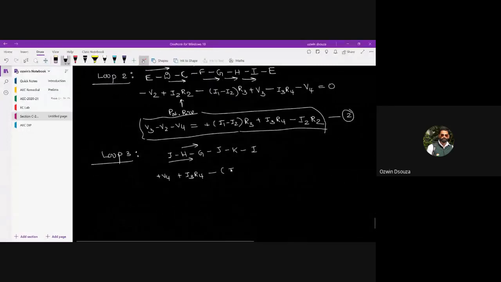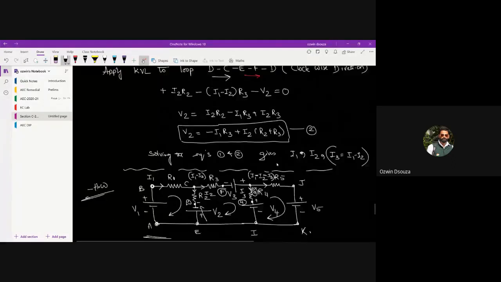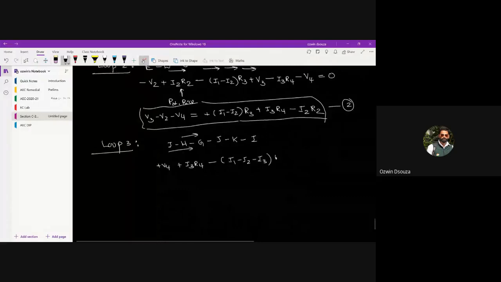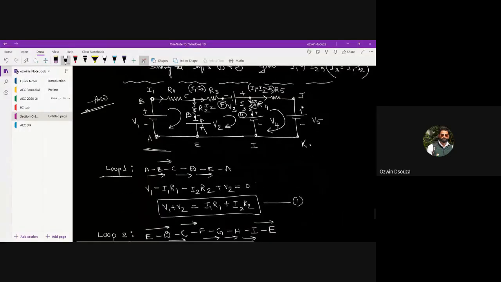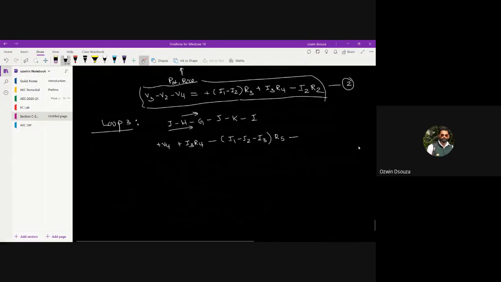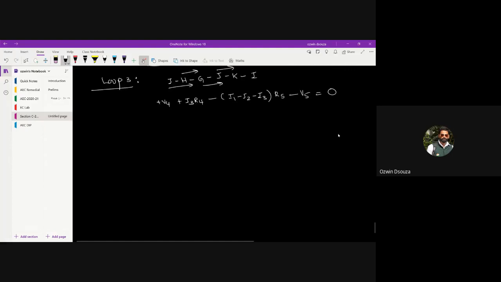So minus I1 minus I2 minus I3 into R5, right, R5, minus. Then J to K I am moving. The battery is getting traced from positive terminal to negative terminal, that is in this direction. Hence the EMF is negative. Then I do not have any element between K and I, hence it is zero potential drop.